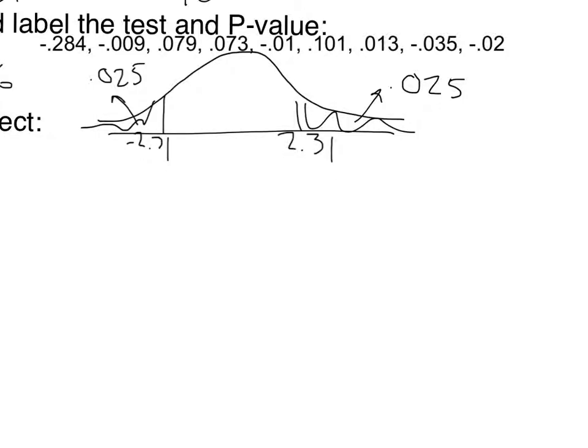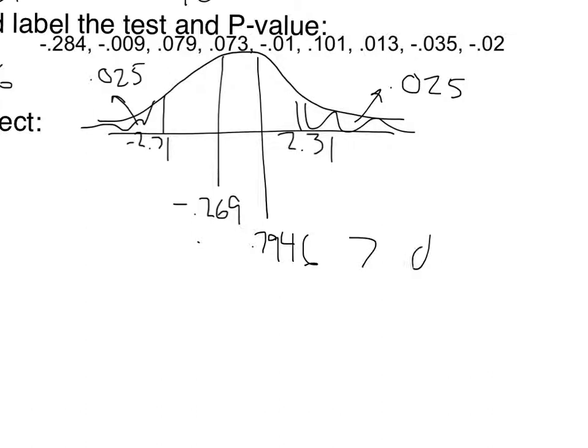And the test value is negative 0.2691, and then we know the p-value is 0.7946, which is significantly greater than alpha.